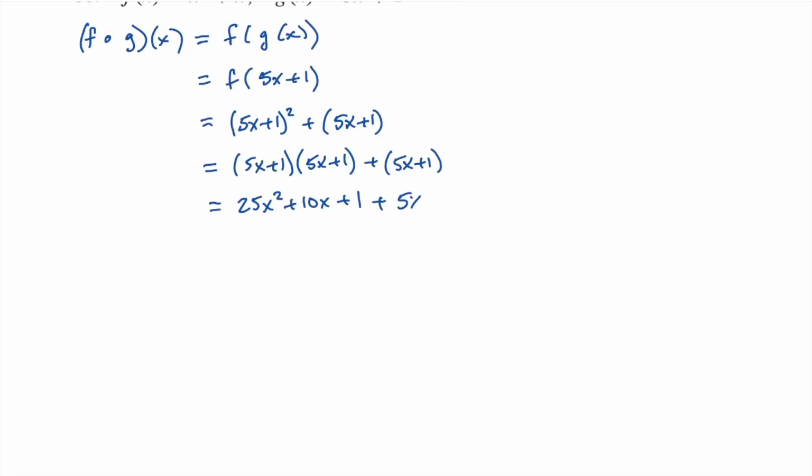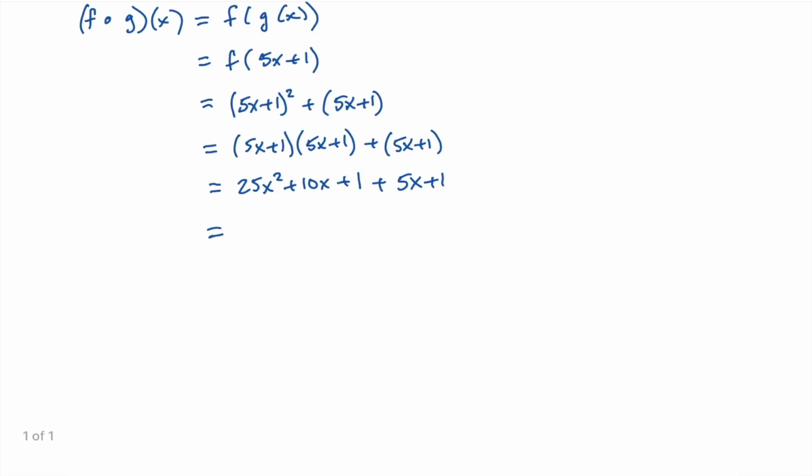Then we have to add on 5x plus 1. Okay, so we have 25x squared. We have a 10x and a 5x for 15x, and a 1 plus 1 for 2. So that's our final answer for f composed with g at x.